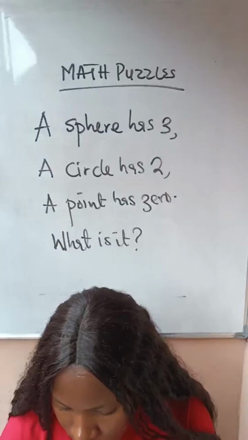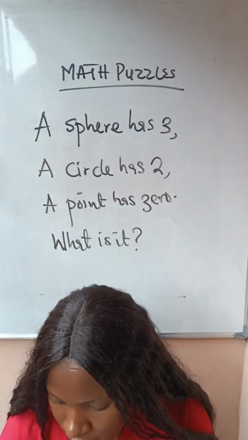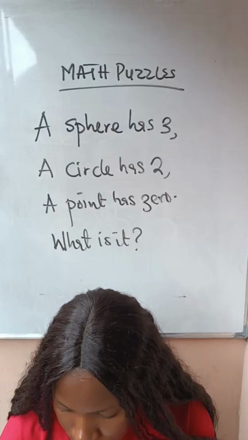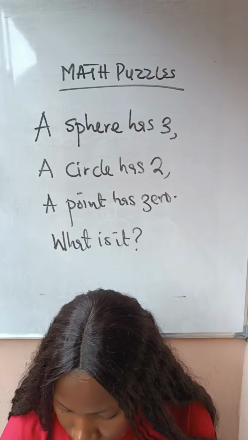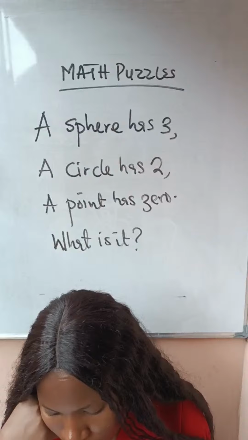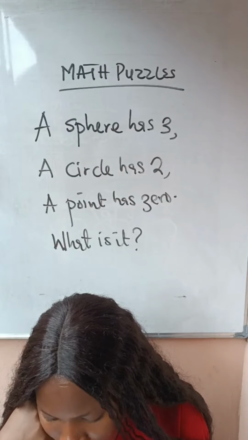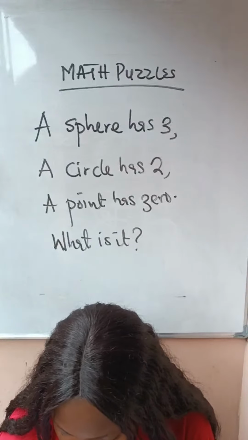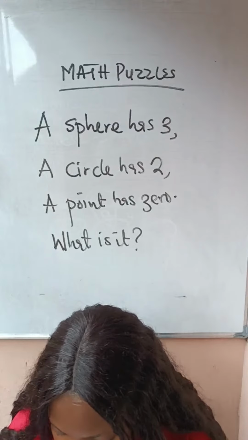Okay. Kanish is saying then line has one.